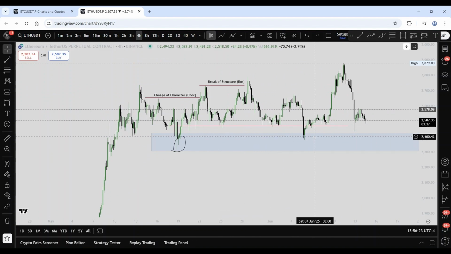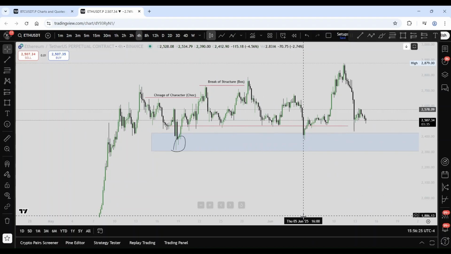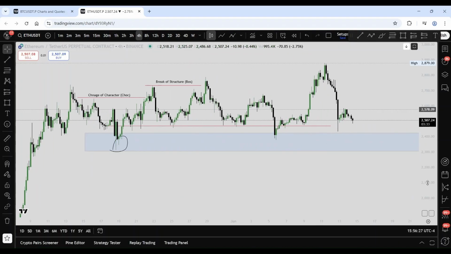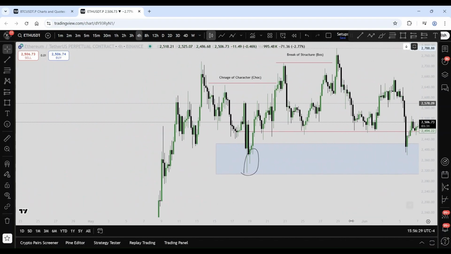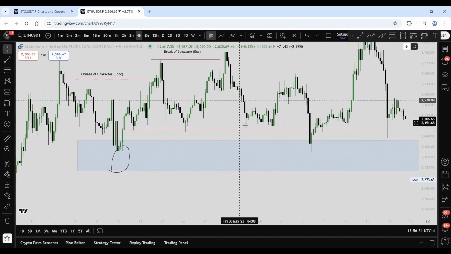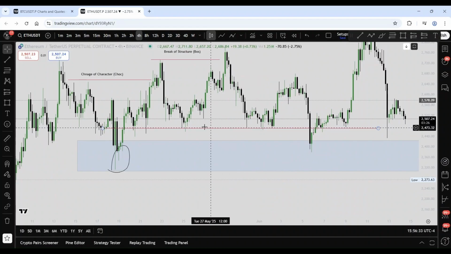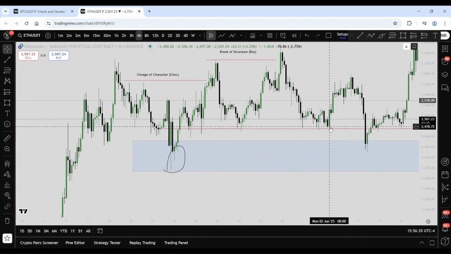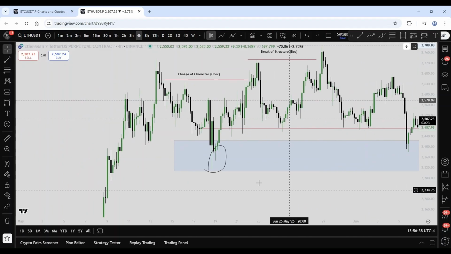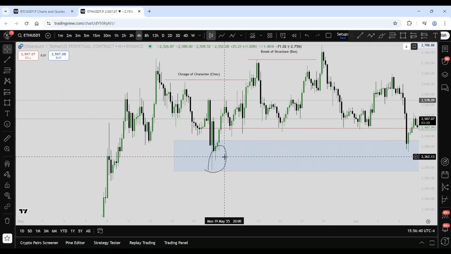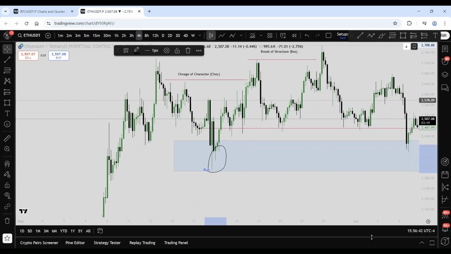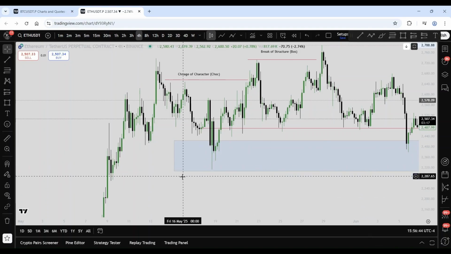So if you've got a successful liquidity identification, we're going to wait for the price to sweep this area here, and below the liquidity sweep we have identified our extended order block with the 4-hour candle.